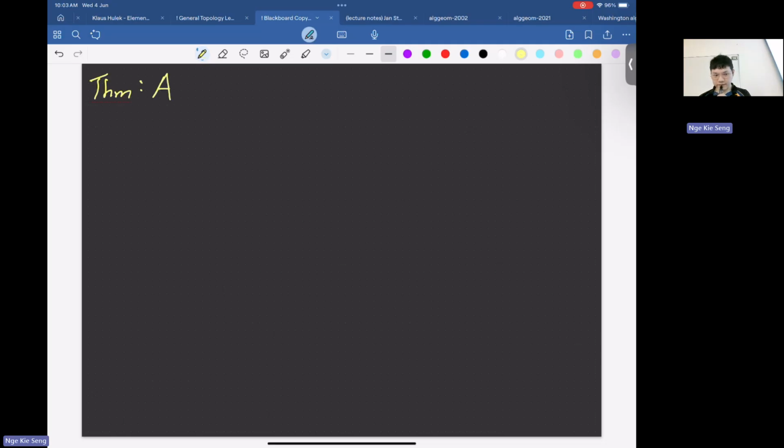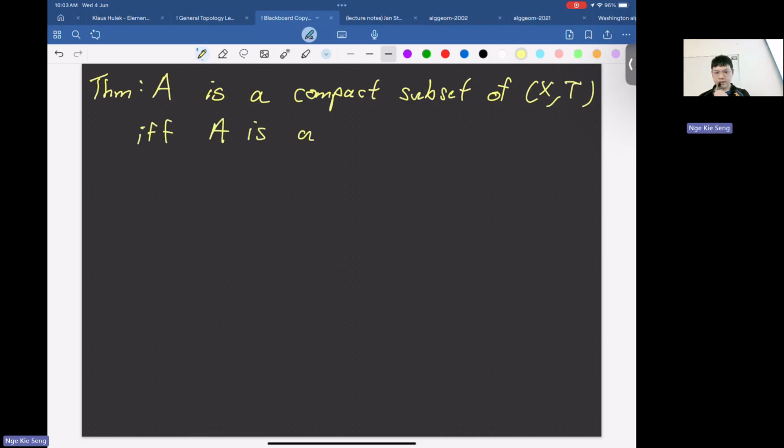Okay, so the first theorem we'll see today is: a compact subset of a topological space, if and only if it is a compact topological space itself. So how to view a compact subset as a subspace?